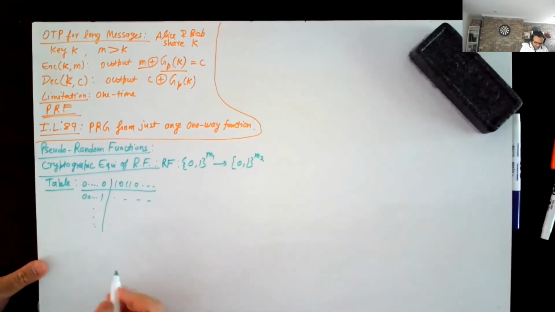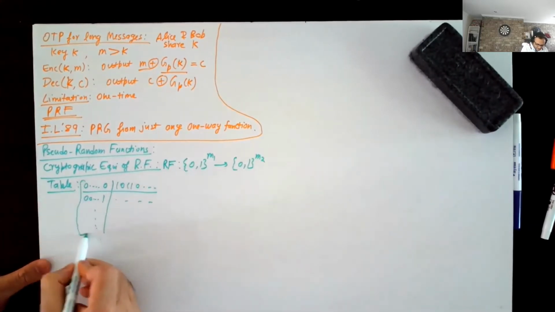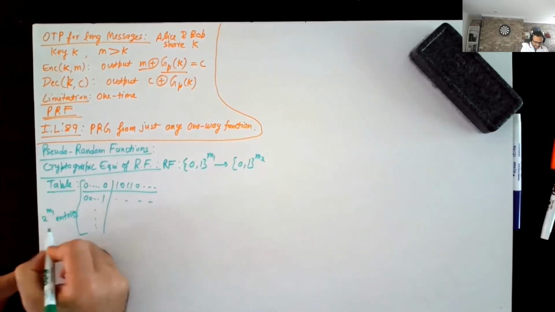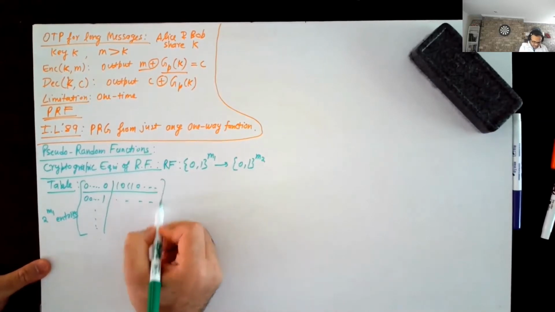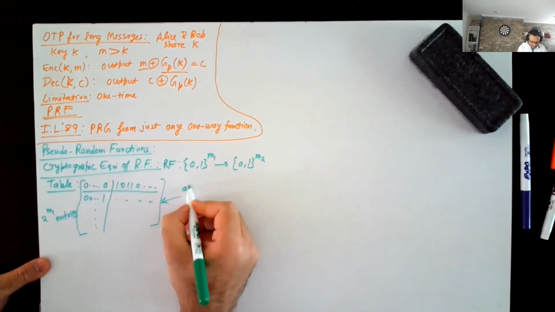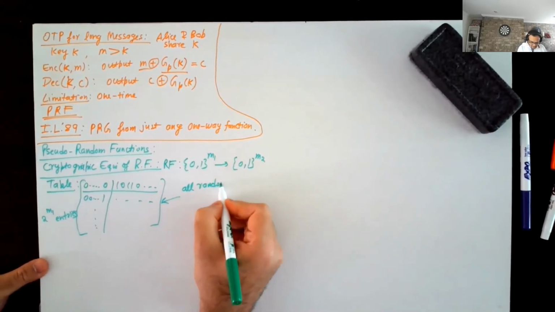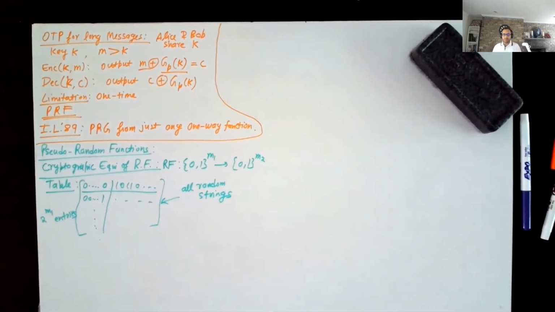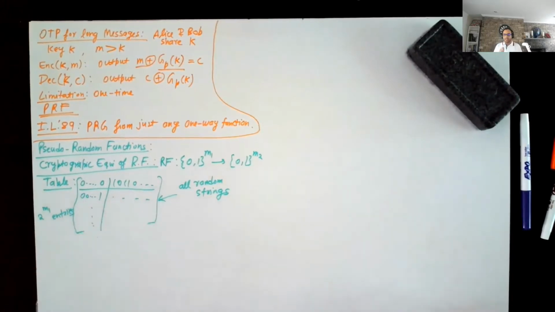So this will be 2 to the power M1 entries, and these are all random strings. It's a table which maps each input to a uniform output. There's no further logic to that. Just take every input, generate a random string, and that is what the output will be for that input.